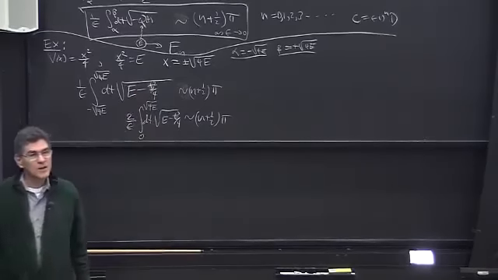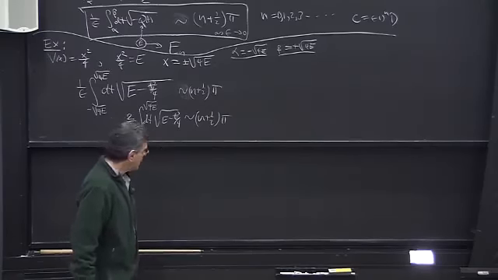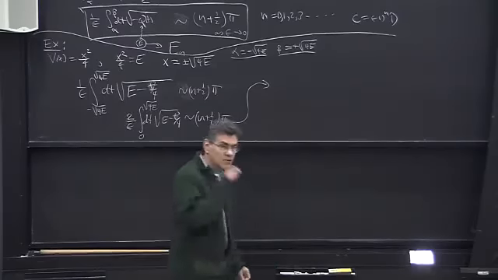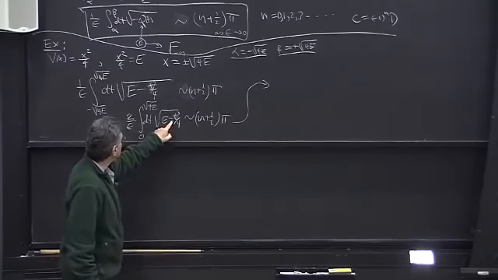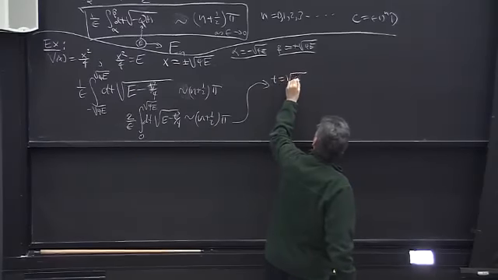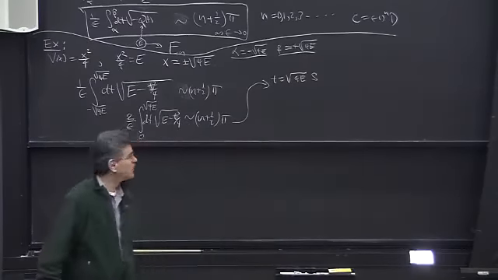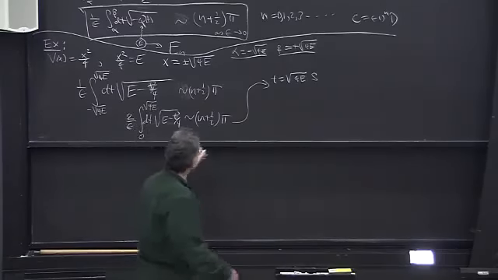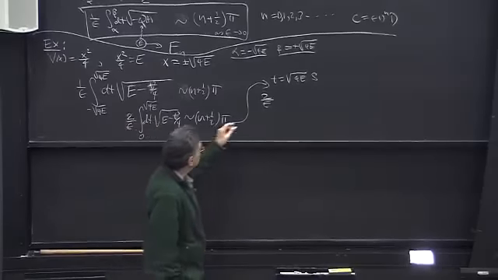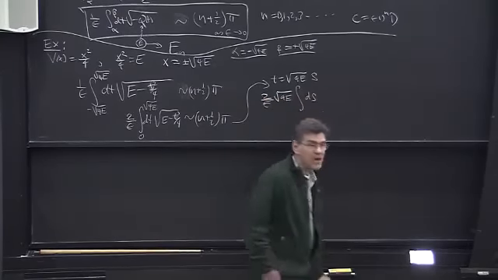Okay. Now, we've made a little bit of progress. How about making another small amount of progress? Let's make the substitution, instead of integrating over T, let's say T is equal to the square root of 4E times S. Little change of variables there. So that gives me 2 over epsilon, and dt becomes the square root of 4E times ds.